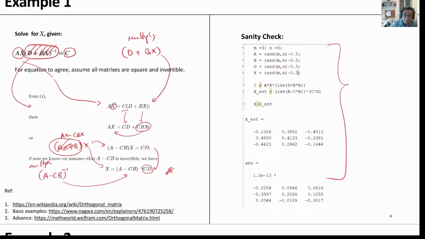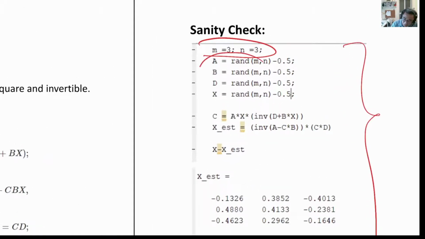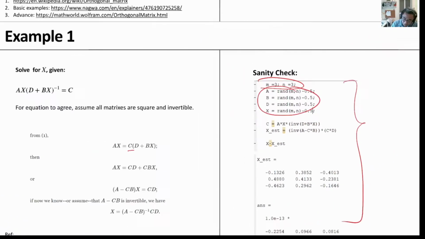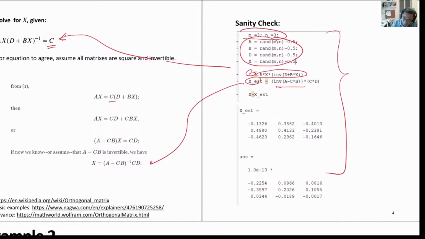First, creating matrices of appropriate size, generating random matrices of different values, using these values to calculate C. That means given A, B, D, and X, we can find C. And then we also estimate X based on these values A, B, C, and D. Finally, to show that the answer is correct, X minus X estimate was a very small number, showing that our derivation was correct.